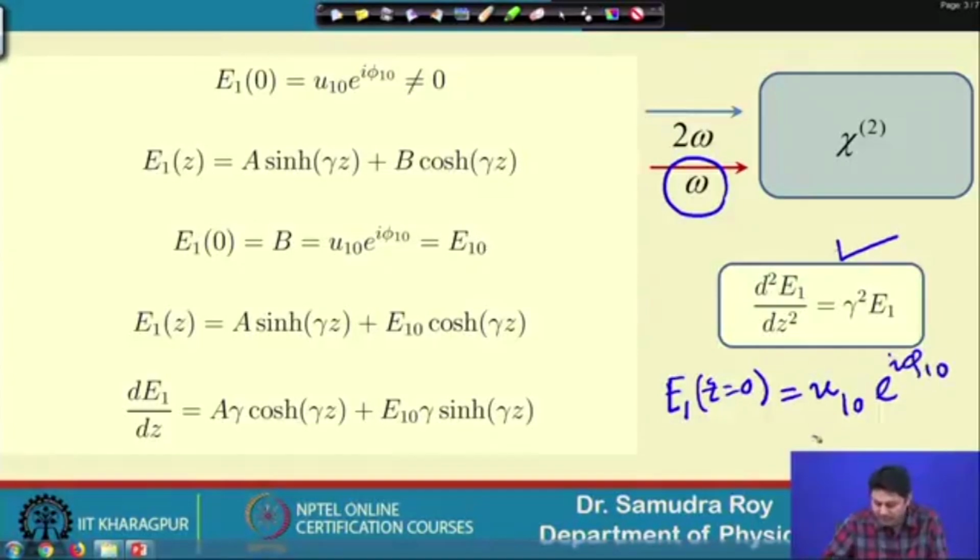This is a non-zero value at z equal to 0, that is, the electric field containing the frequency omega at the z equal to 0 point. So, we have an amplitude part and a phase part together in this input. The reason is, if I start with the amplitude and phase, then we can understand the role of the phase. Not only the evolution of the amplitude is important, but the evolution of this phase is equally important here.